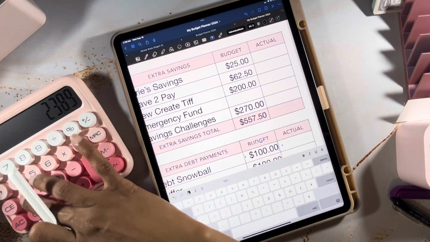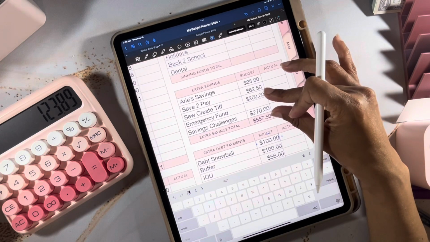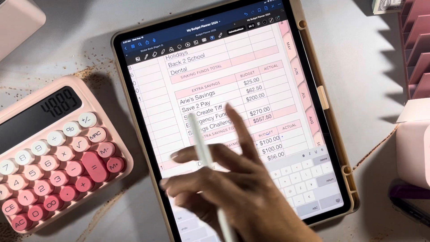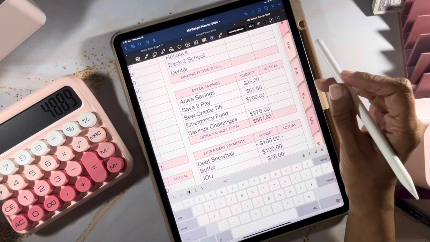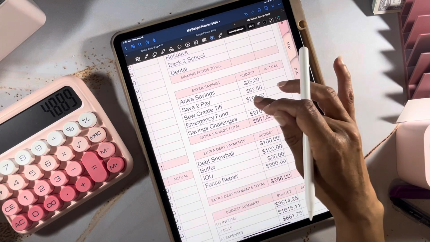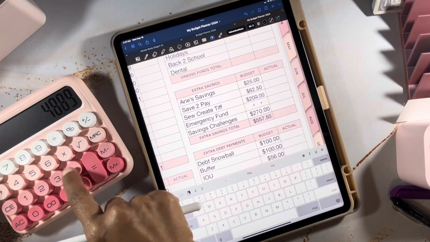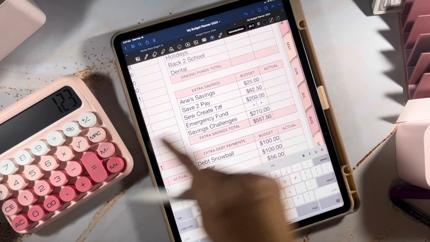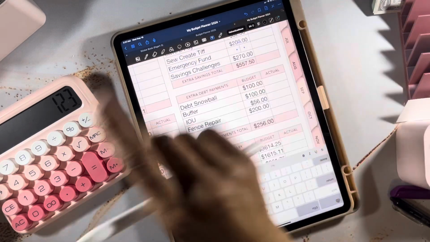Okay, that's 123. I'm going to do 75 into, or do I want to? I'm sorry, let me see. 123. What was it? 123. Oh, man. Okay, 123 something.